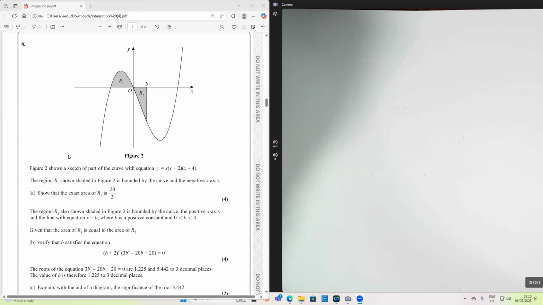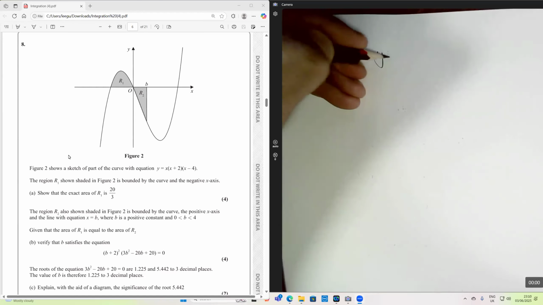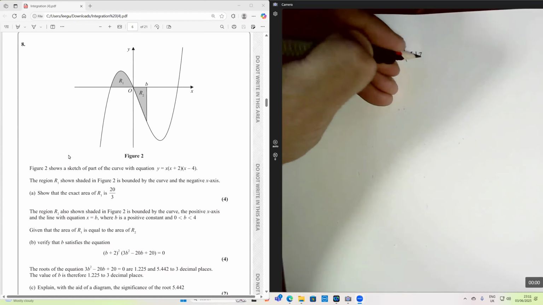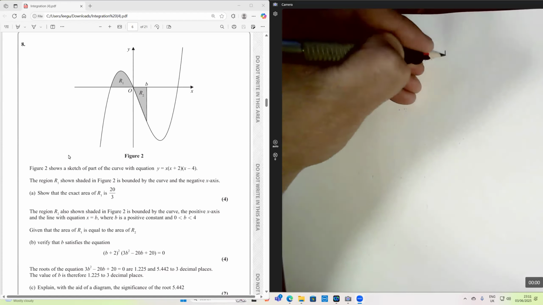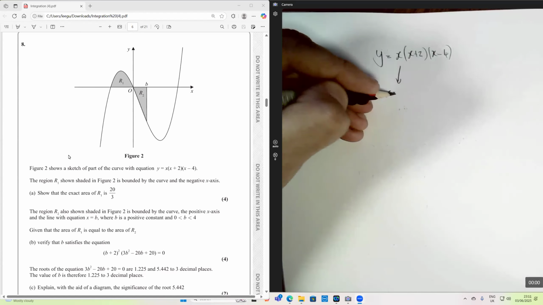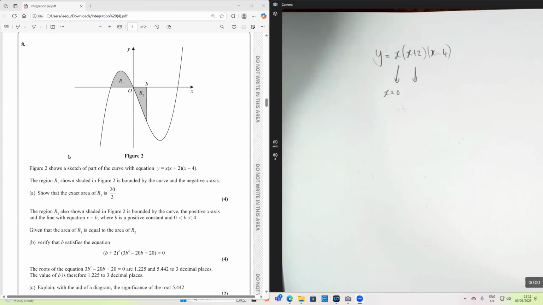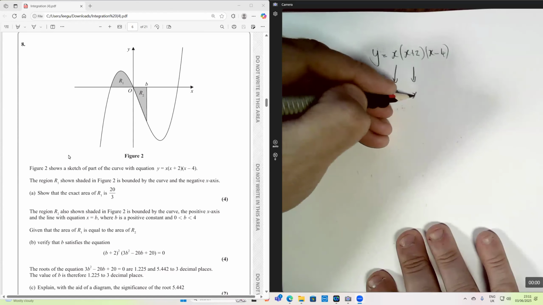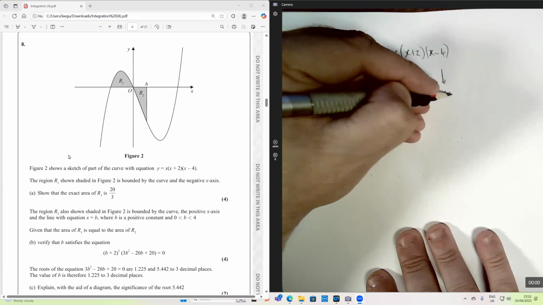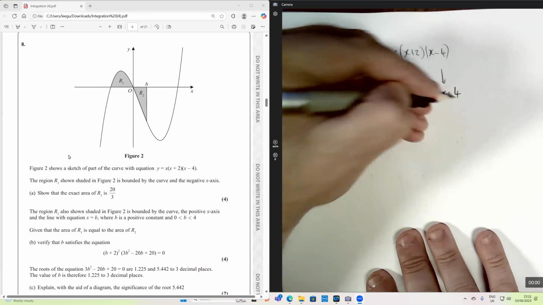Okay, so first of all, we can see that the equation we're given is x times (x add 2) times (x minus 4). So that means the solutions are x is equal to 0, x is equal to minus 2, and x is equal to 4.